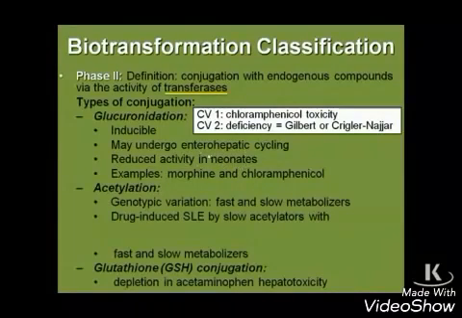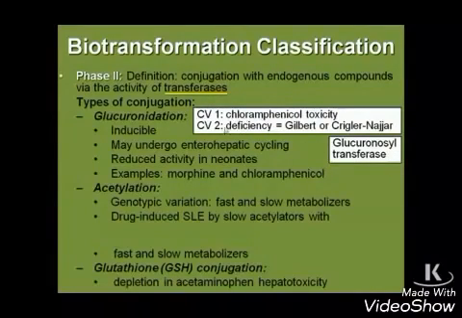Why can't a neonate effectively metabolize chloramphenicol? It's because it has low levels of the enzyme glucuronosyl transferase. This is the enzyme that's involved in the conjugation reaction we call glucuronidation. So you can't really metabolize chloramphenicol very effectively if you've got low levels of glucuronosyl transferase.